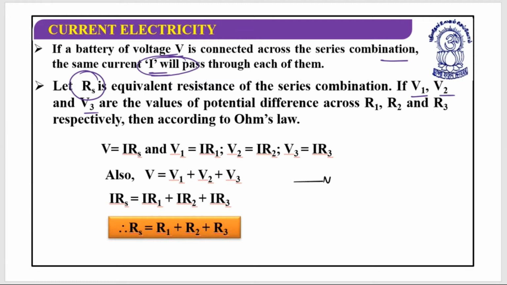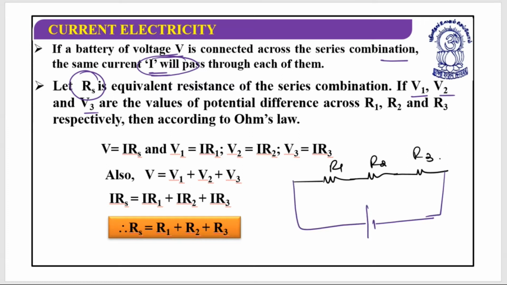The diagram would look something like this: R1, R2 and R3 connected with a supply of V. The potential difference across R1 is V1, across R2 is V2, and across R3 is V3. So V is equal to V1 plus V2 plus V3. One more thing, let us suppose the total current flowing is I.